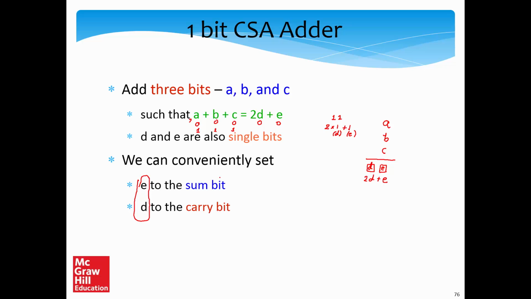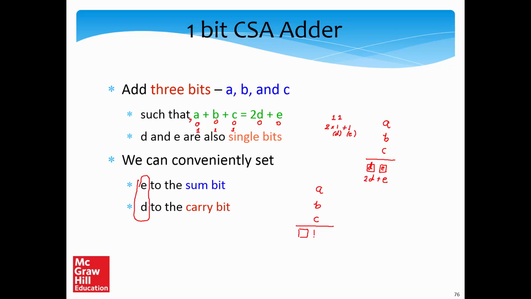So let me just explain once again. If you're adding three 1-bit numbers A, B, and C, the smallest value is 0 and the largest value is 1 plus 1 plus 1, which is 3, which is 1, 1. So the final result will fit in 2 bits.